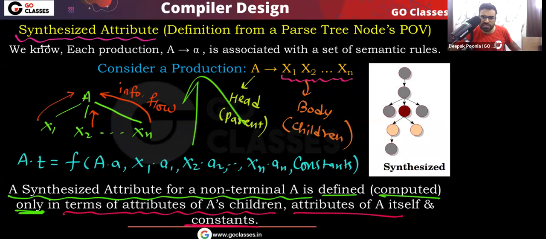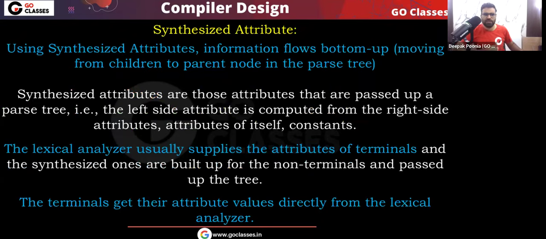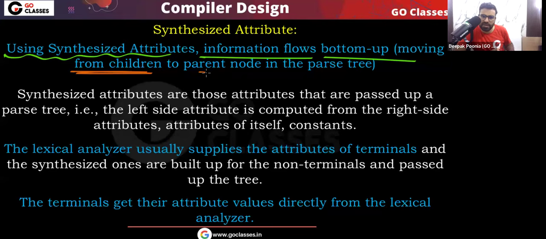So the information is flowing bottom up. Everything that I told you is written here: using synthesized attributes, the information flows bottom up, from children to parent of the parse tree.